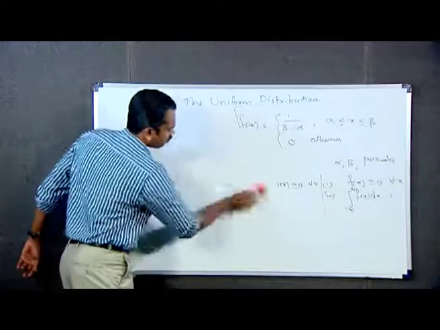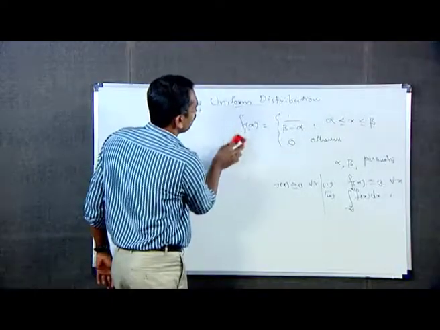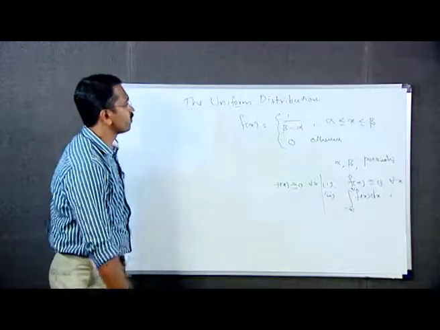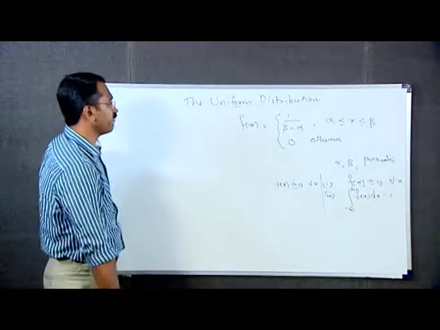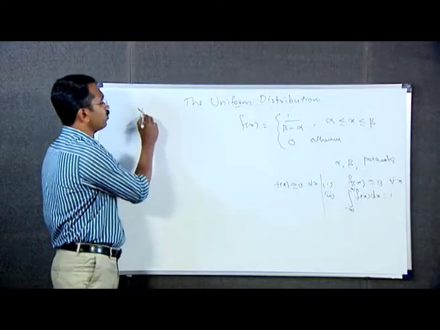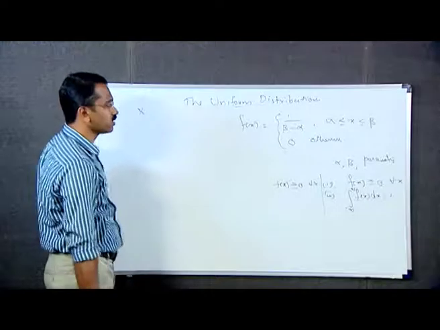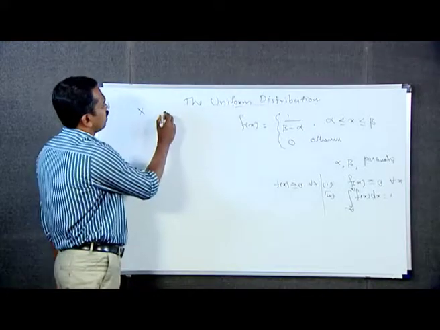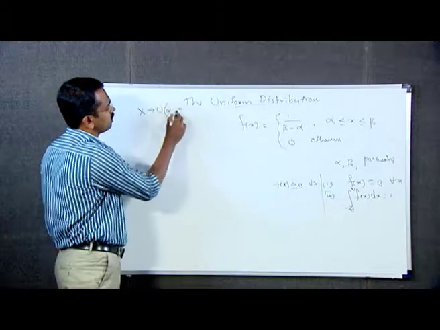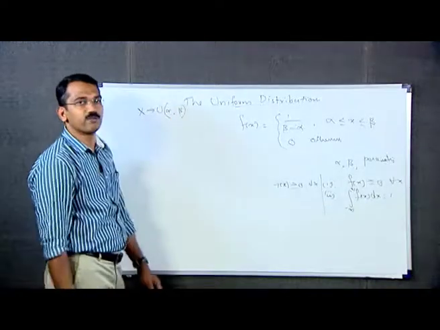Now, we have to find the arithmetic mean of x. Consider a random variable capital X having the uniform distribution with parameters alpha and beta. X follows uniform distribution with the parameters alpha and beta.